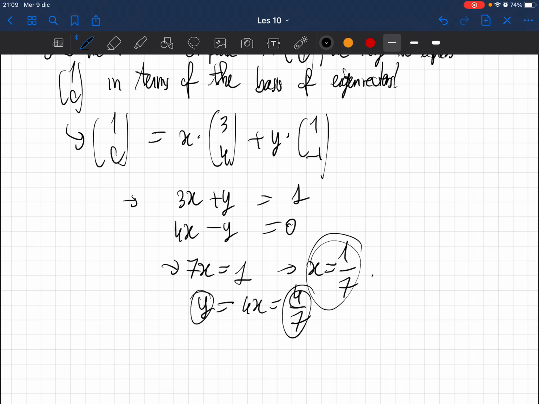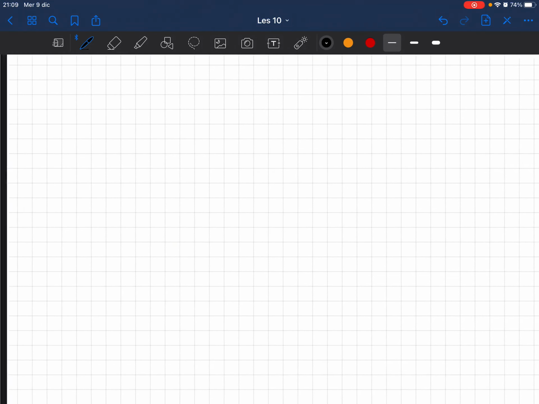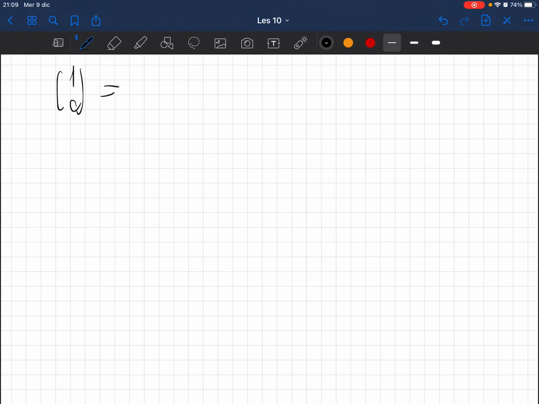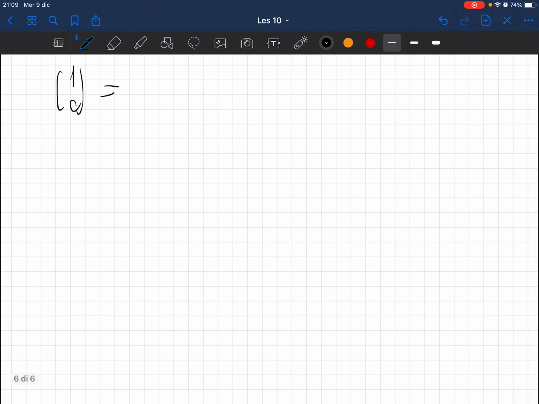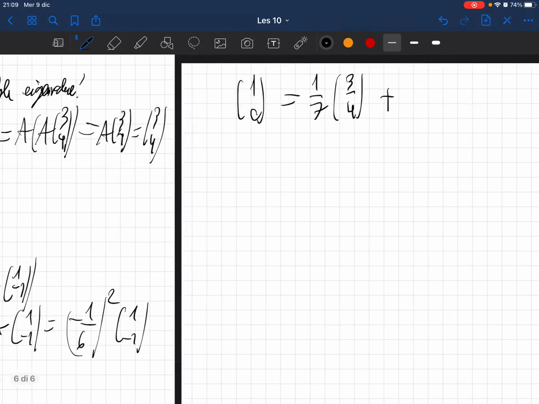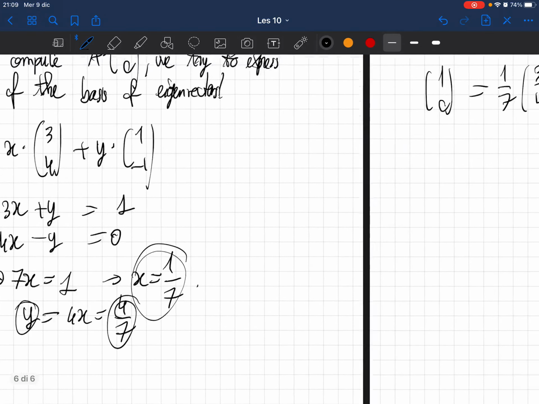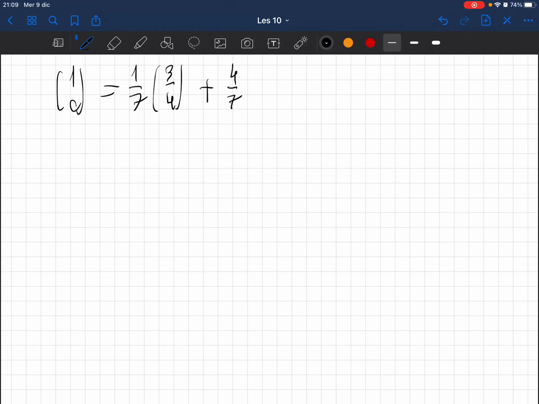Very good. So we know that (1, 0) is equal to 1 over 7 times (3, 4) plus 4 over 7 times (1, minus 1).